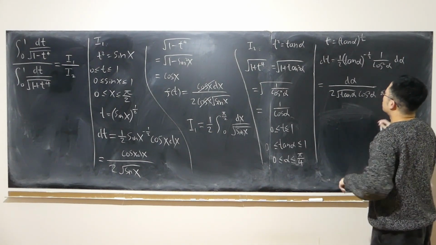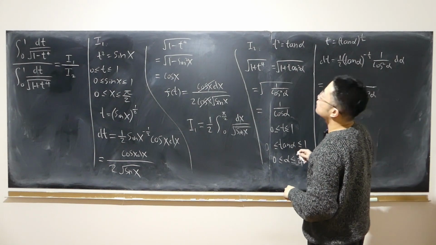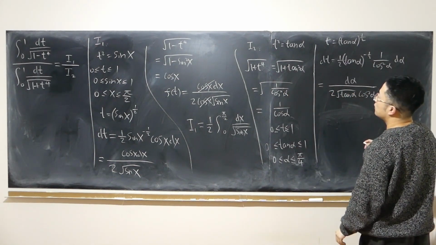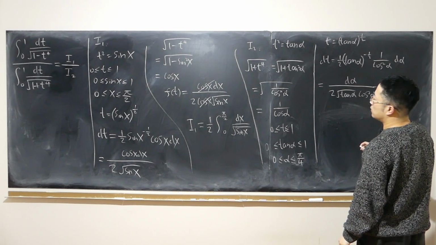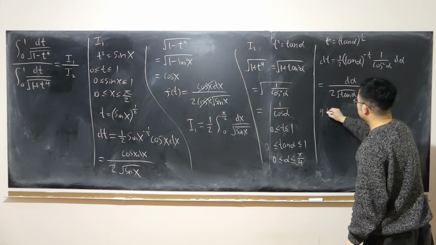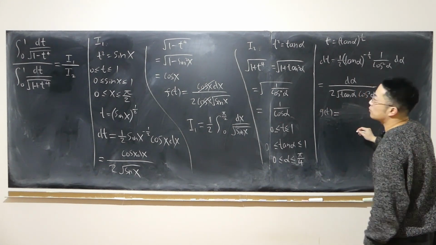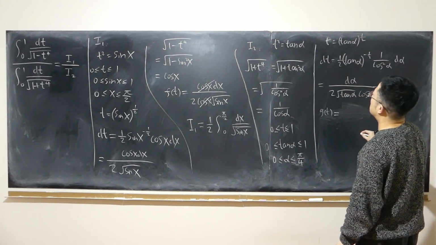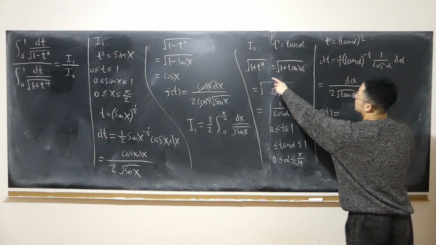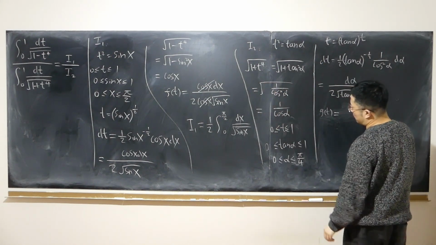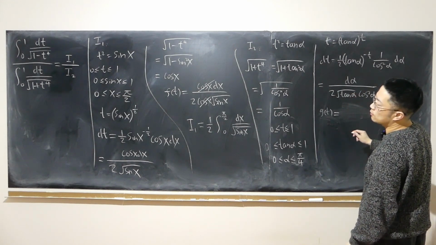So right now let's look at the integrand, the inside integrand. Maybe it's called g of t. The integrand g of t, dt over the square root of 1 plus t to the power of 4. So the square root at the bottom equals, like I said, 1 over cosine alpha.